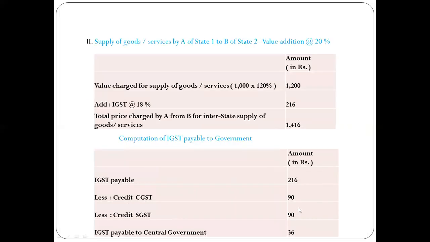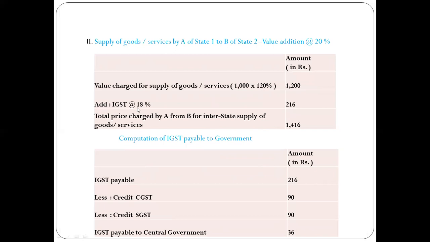Now, in the second case, supply of goods or services by A of state 1 to B of state 2, value addition at the rate of 20%. The value charged for supply of goods or services is 1000 plus 20%, that is 1200.